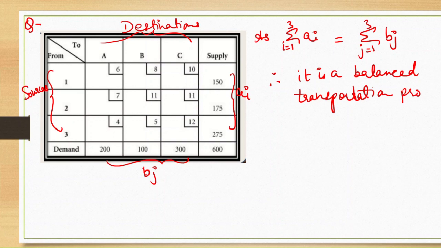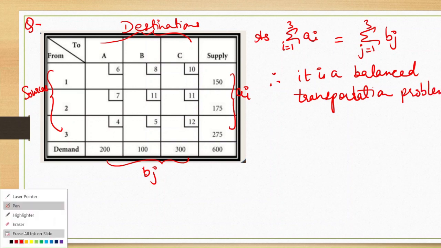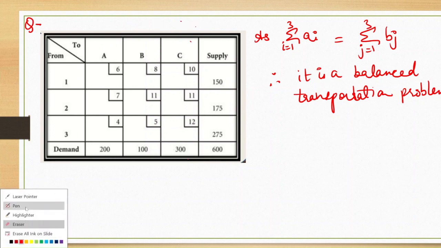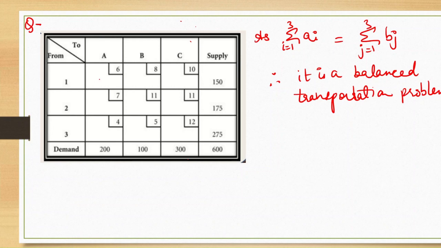Now we come to the steps. As we'll be talking about the northwest corner method, we have to start with the extreme left corner. So this is our extreme left corner. We consider this point, where 6 is the cost available to us.